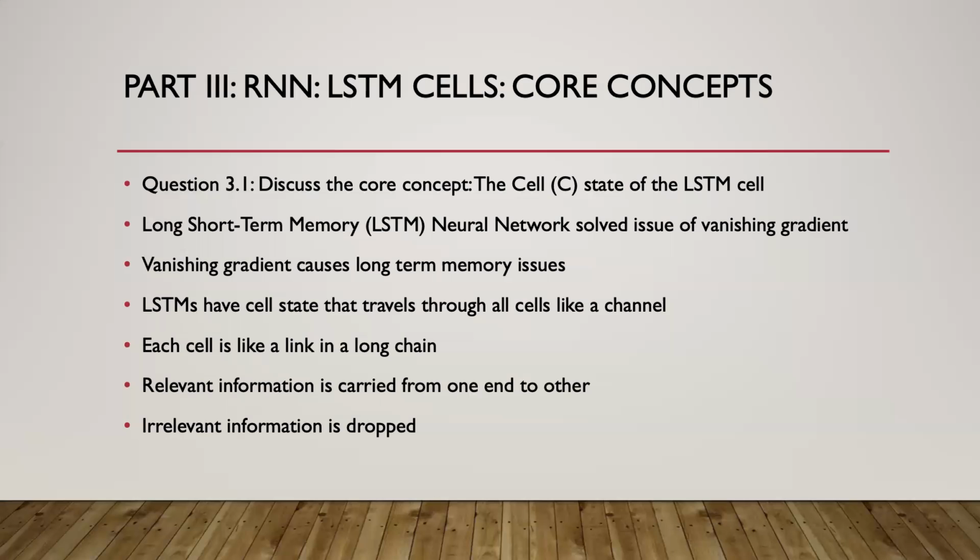So the cell state is the channel that travels all the way through the recurrent neural network and the LSTMs, with each cell being like a link in a chain, and the cell state being the chain. So relevant information is carried over from one link to the next, and irrelevant information is dropped depending on the snapshot, or the particular cell.